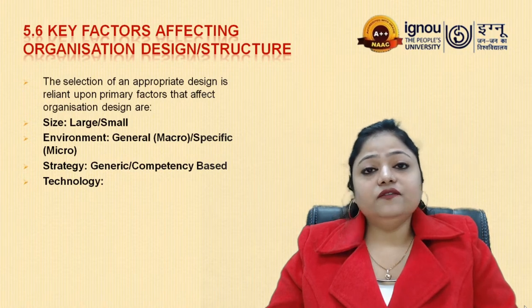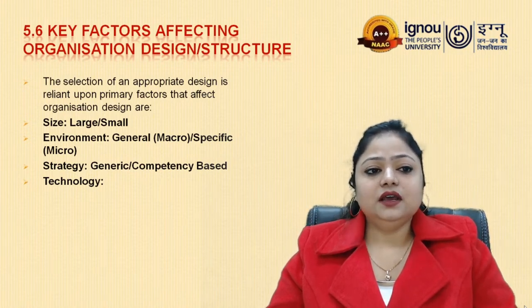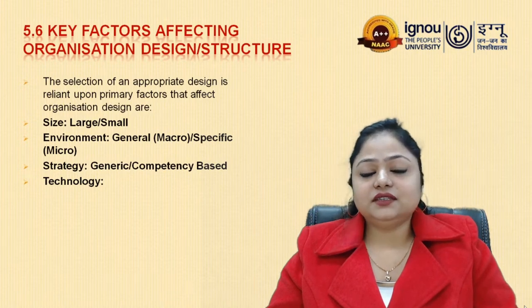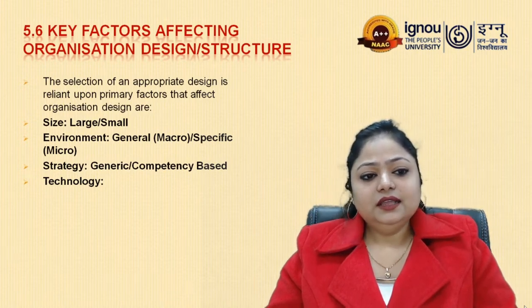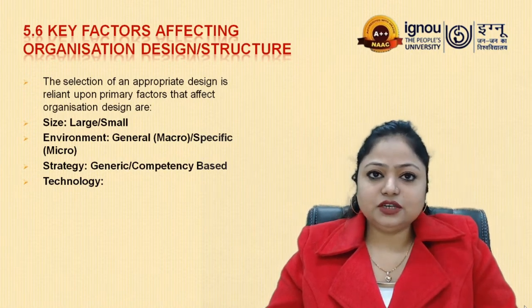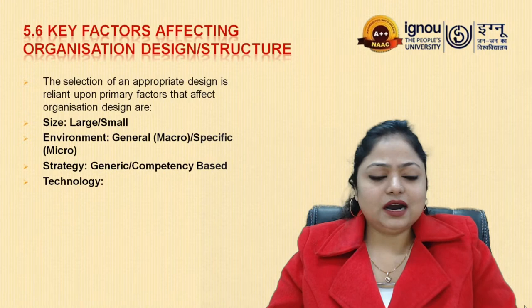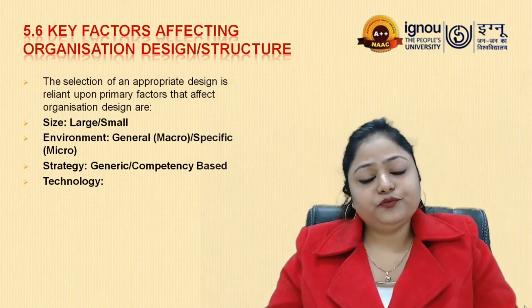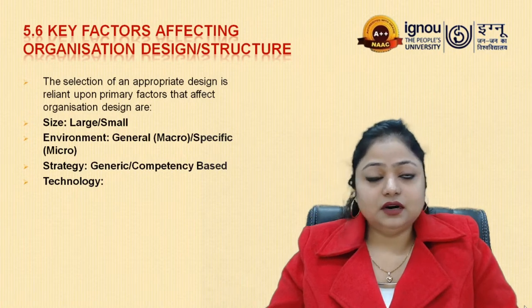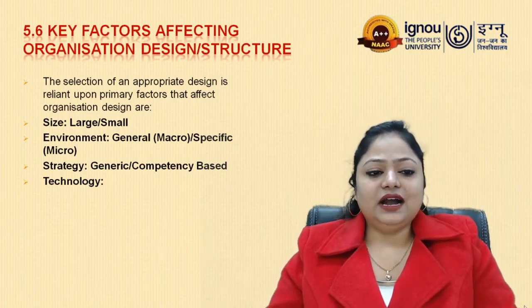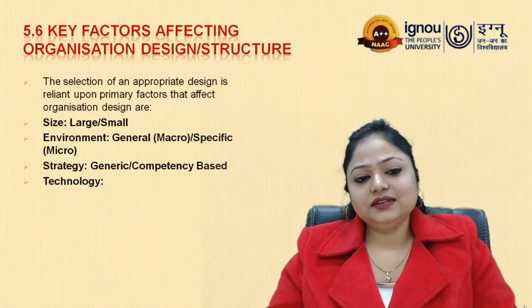The selection of an appropriate design may depend upon the primary factors that affect the organizational design. These primary factors are size, that is, whether the organization is large, small, or medium scale. Then the environment, which is basically the macro level or general environment, and the specific factors or micro level environmental factors.